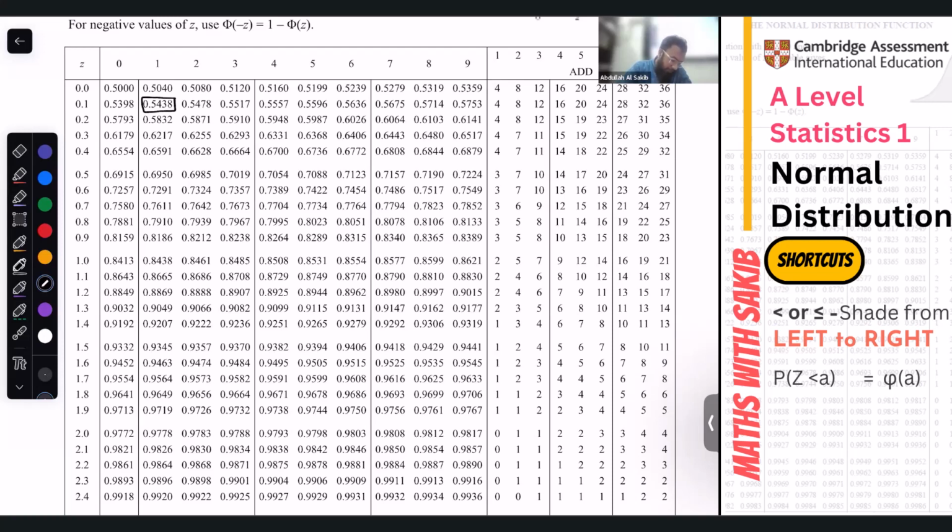This is 0.543, 5442. Okay. So this is 0.5438. How much I need to add to make it 442? 4. So I need to add 4. Clear? So the answer will be 0.11.